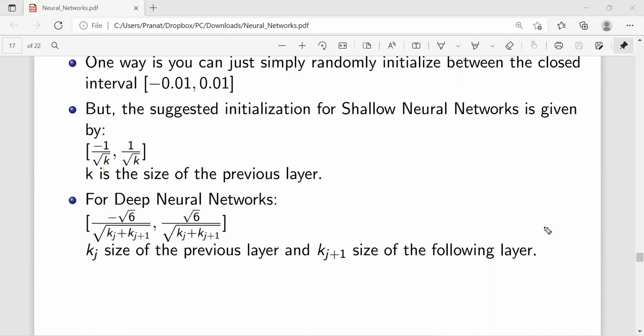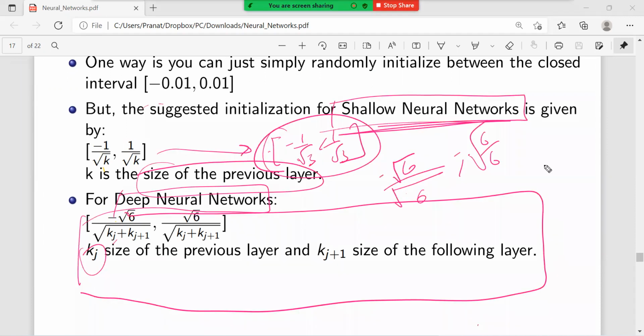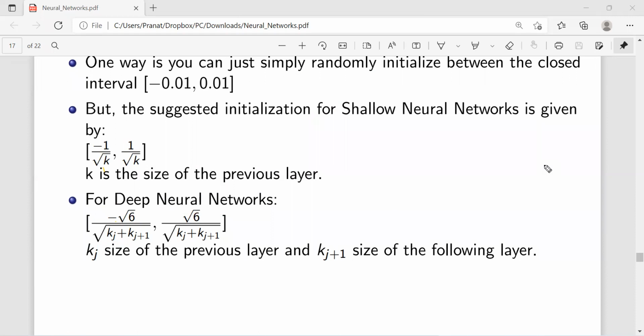The k is the size of the previous layer. For us, it will be between -1 and 1 according to this formula. There are, of course, many other formulas or ways to initialize weights, but these are the very basic ones. I think you should know them.